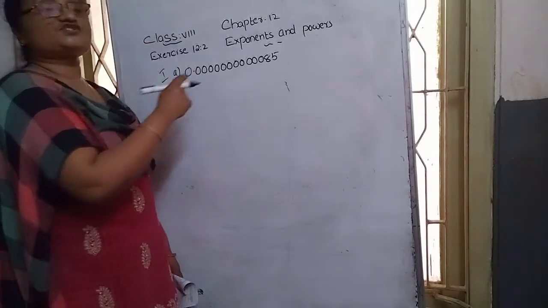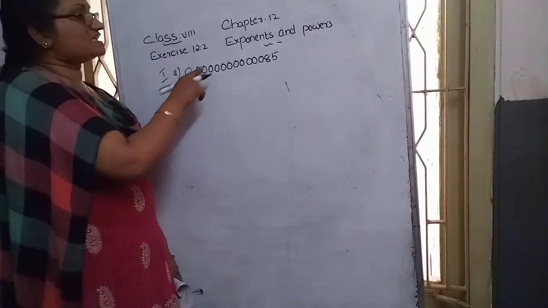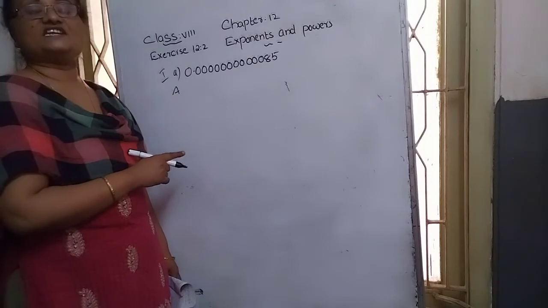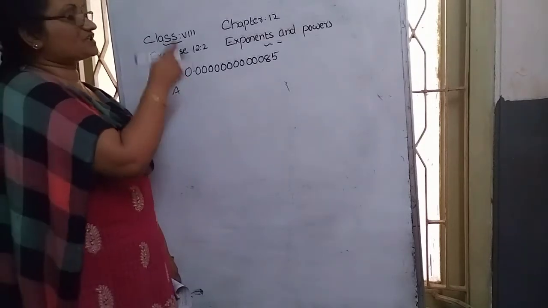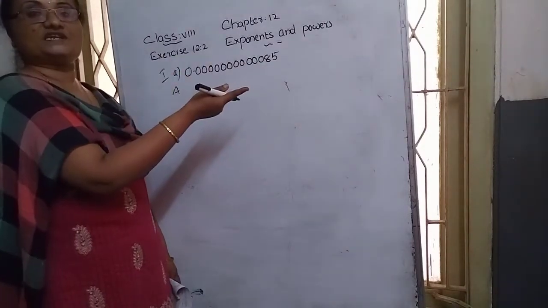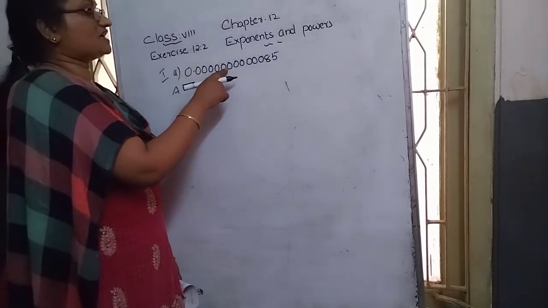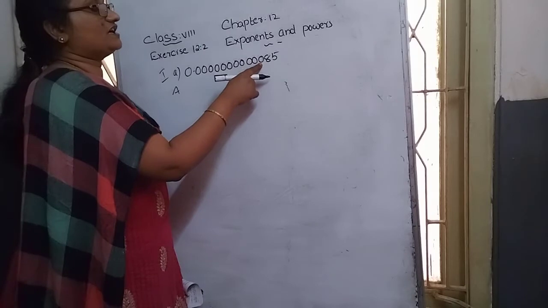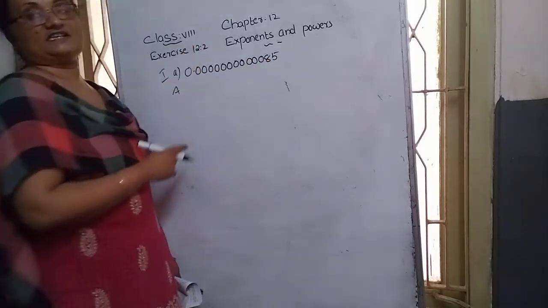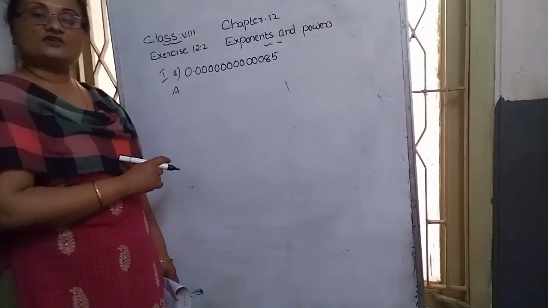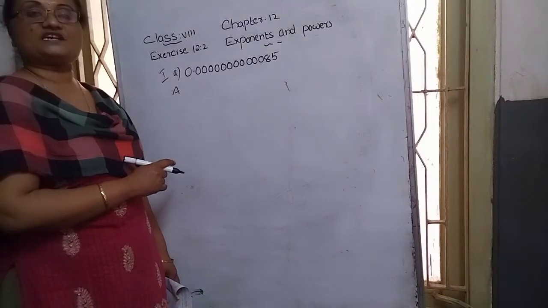How to convert? First check how many digits are there after the decimal point. 1, 2, 3, 4, 5, 6, 7, 8, 9, 10, 11, 12, 13. 13 digits are there. How to remove that decimal point?